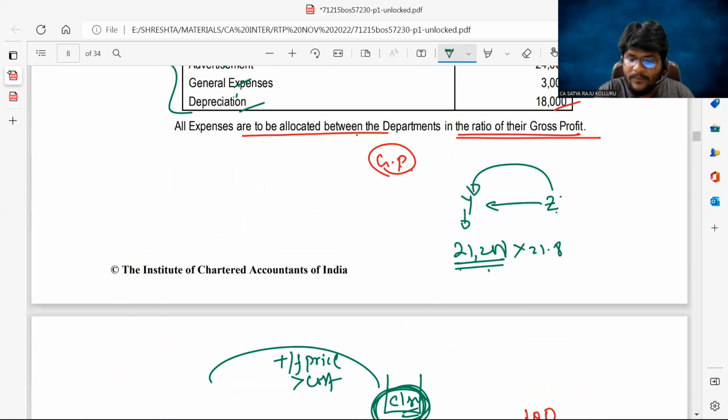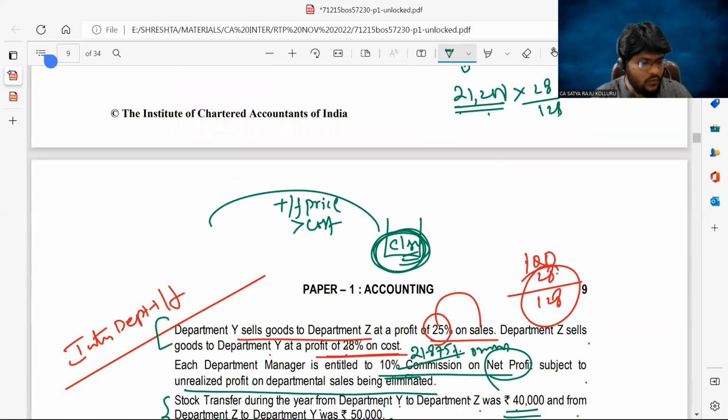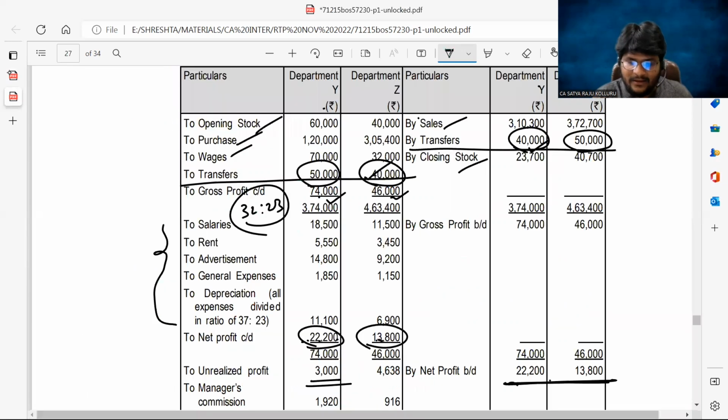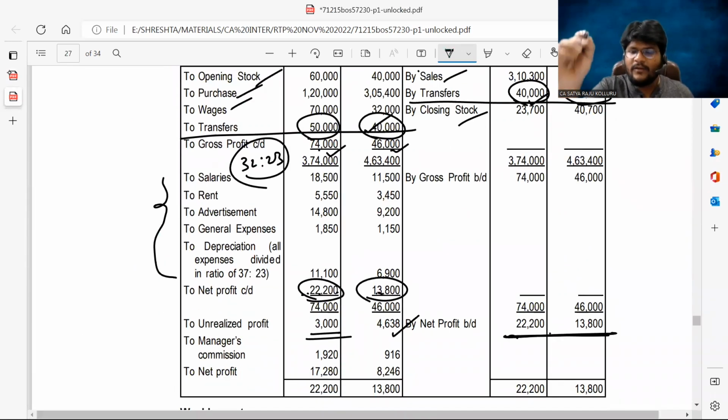That is why I previously told you to convert that percentage on the profit. Or if you want, you can apply 28 by 128 also; nobody will object. Now, 21,200 into 21.875% is 4,637, which is the unrealized profit for department Z.